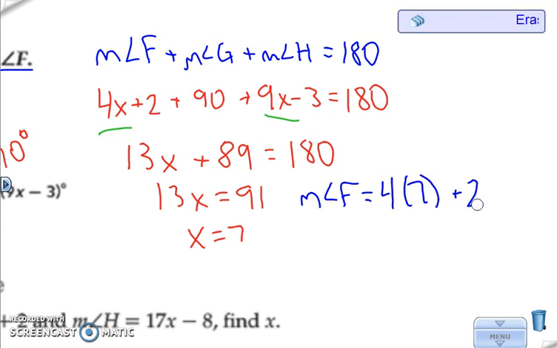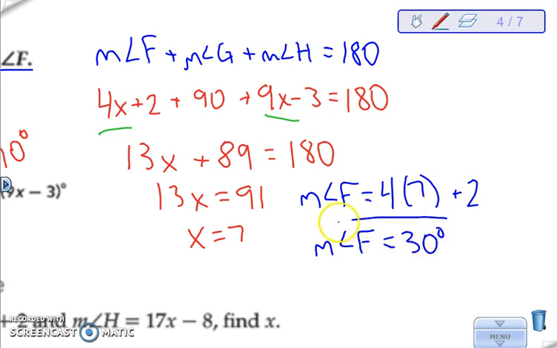So 4 times 7 is 28, plus 2 is 30. So therefore, the measure of angle F is 30 degrees.